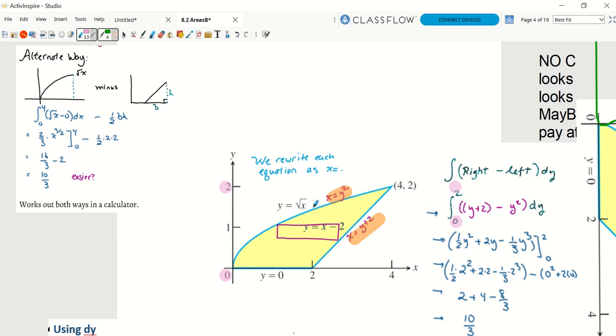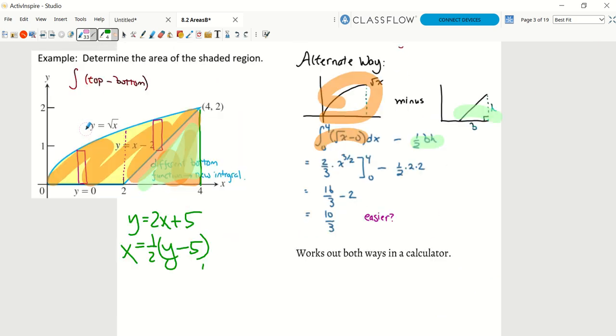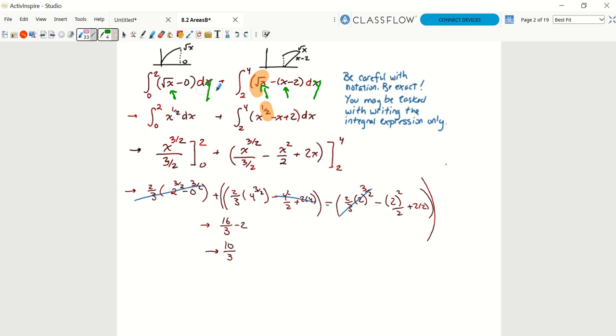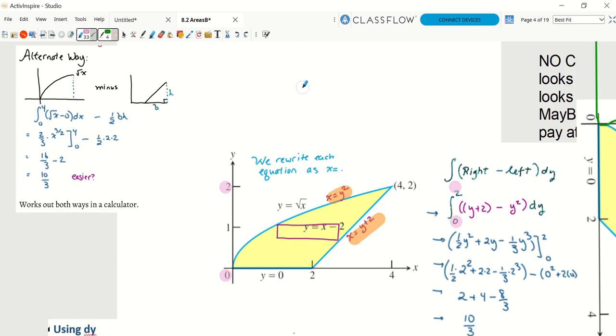And now, instead of subtracting top with bottom, the old way, doing it in terms of x, we would subtract top minus bottom, which is root x minus the x minus 2.